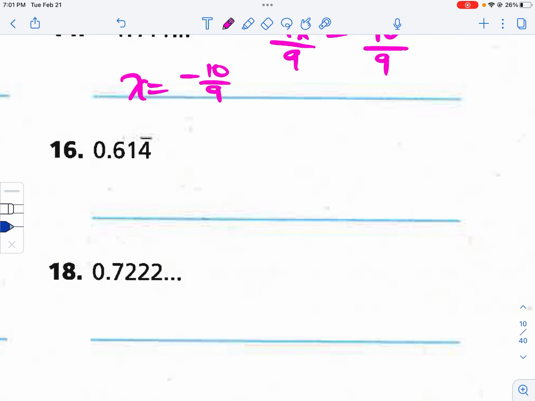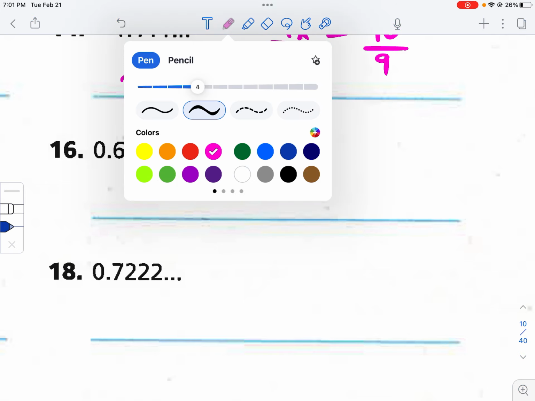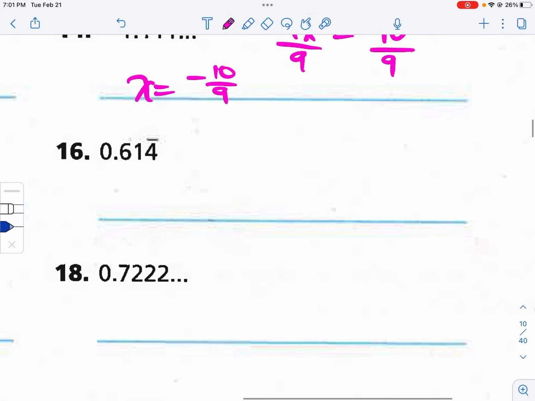This one, I'm actually going to change the color so we can for sure tell which one we're doing. So only one digit is repeating, okay? So I want to make sure that I get all of these digits on the left-hand side. So I'm going to multiply by 1,000 first.